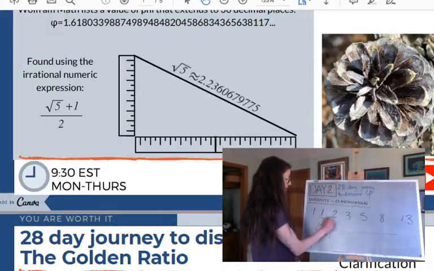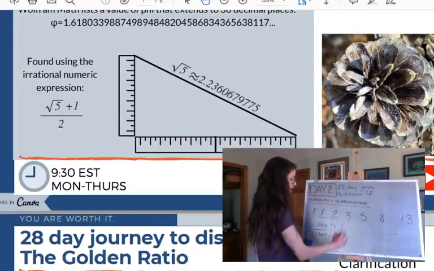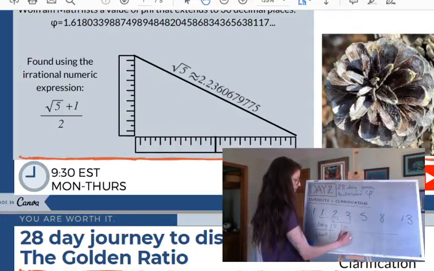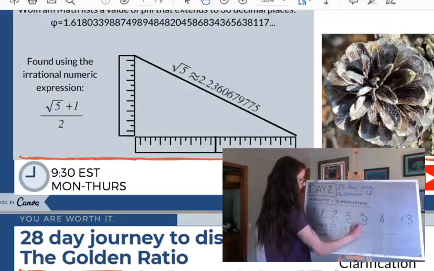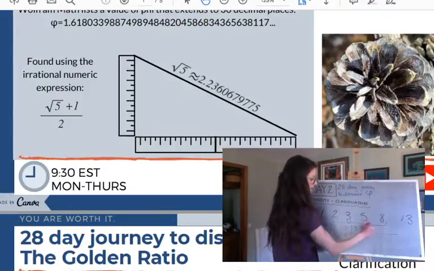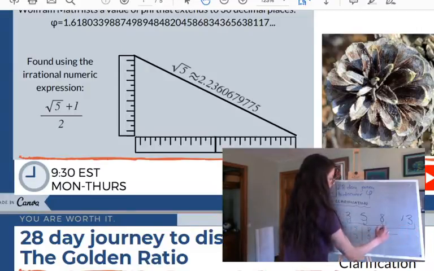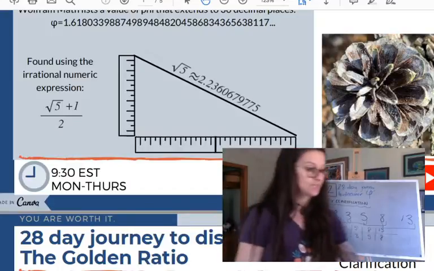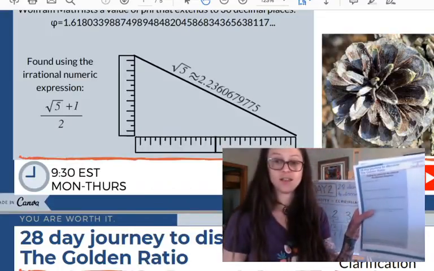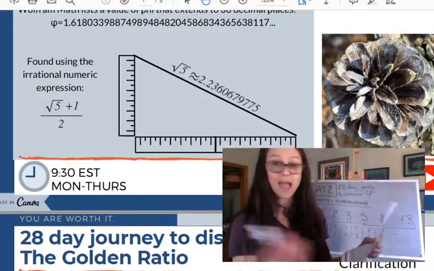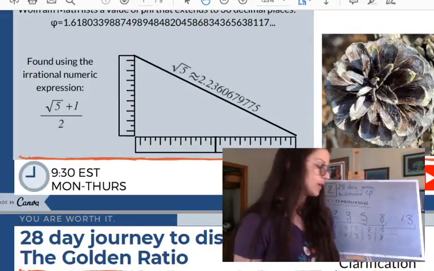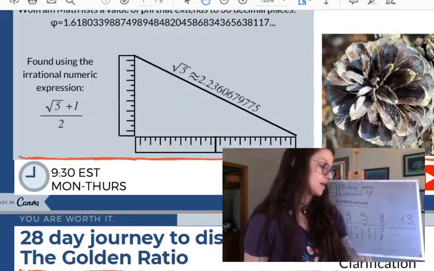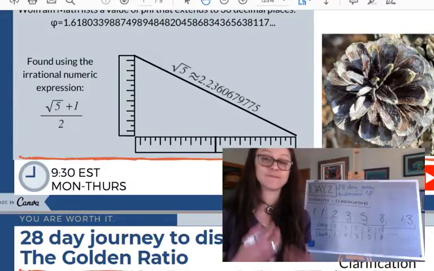Okay, so here I have 2 and 1, I have 3 and 2, 5 and 3, 8 and 5, 13 and 8. Okay, you can follow along on the enhancement PDF or just on a whiteboard of your own or napkin, whatever. Then we want to organize them so that we can determine the value of each ratio.